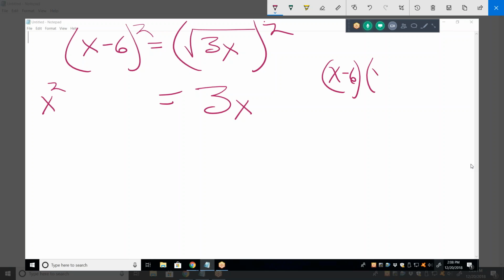Seriously. Here's what you're doing. That's what x minus 6 times x minus 6 means. Or that's what x minus 6 squared means. Now FOIL those. It's not x squared minus 36. FOIL them. You won't get that. What do you get?